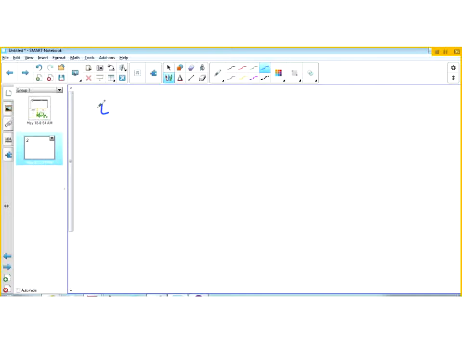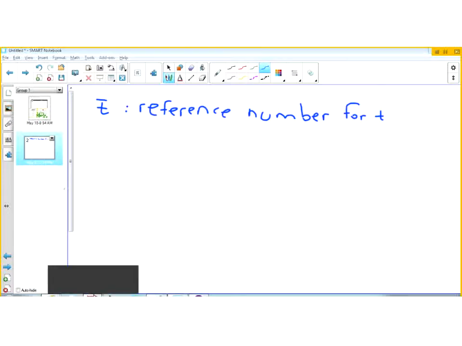This is called the reference number for t. And I'll show you graphically what that is. I have an illustration to show you.